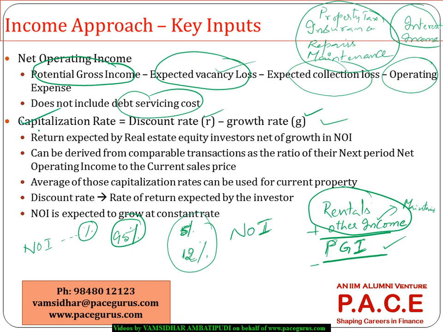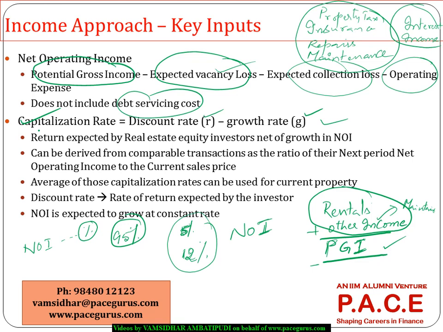What is the typical return that the investor is expecting, versus what is the growth rate in the NOI year over year? The difference between the two gives me my capitalization rate.